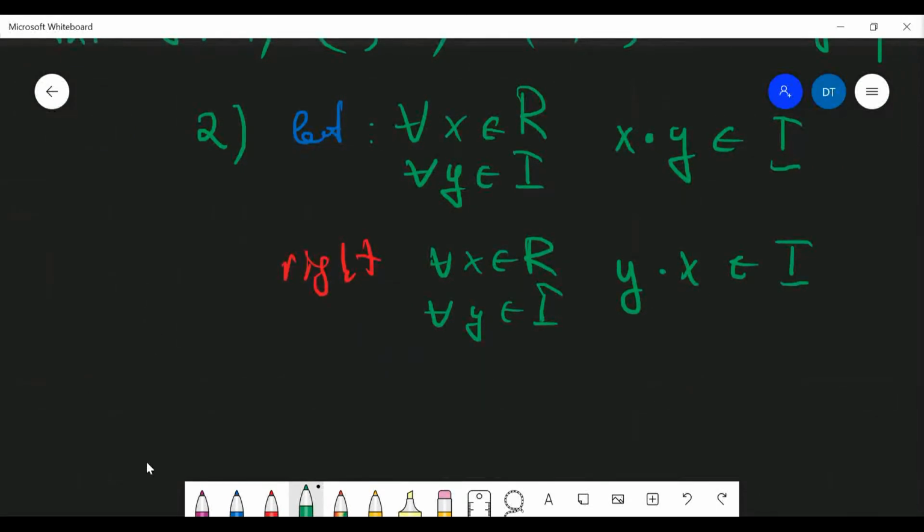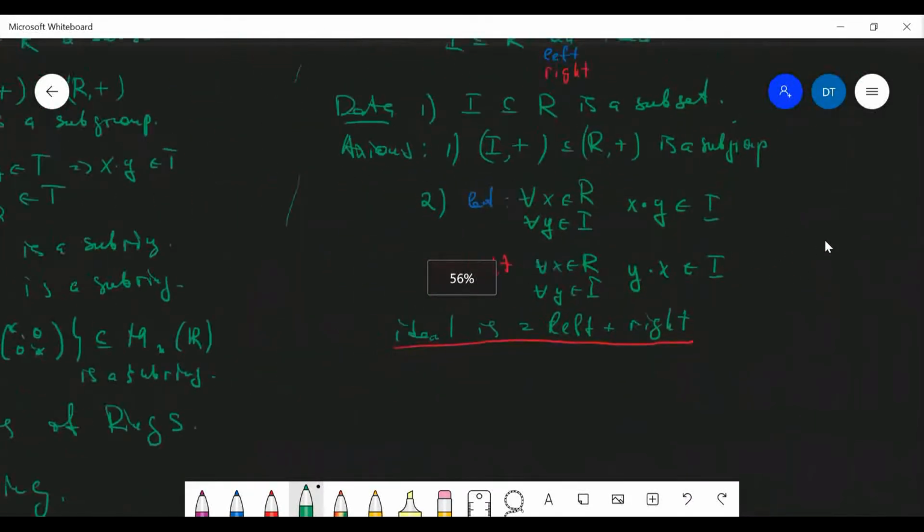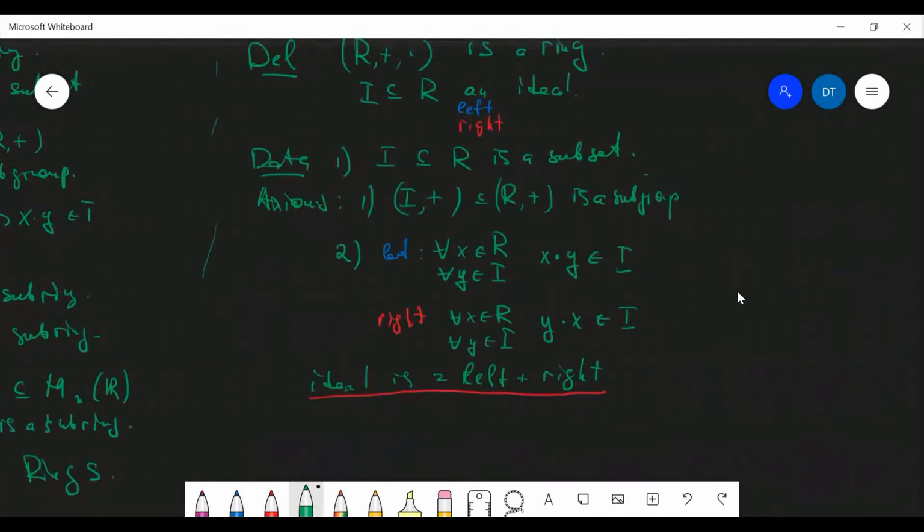So this was left ideal and right ideal, and you'll say that you're a double-sided ideal or just ideal if it's left and right ideal. So these 2 properties hold. So this is the definition of an ideal.